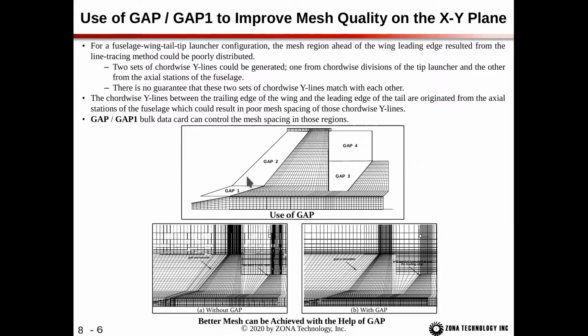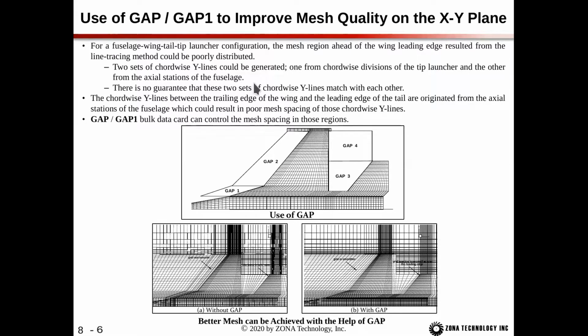So without these gap cards, you can see that we have these Y lines here on the body, which will be extended out in this direction by the line tracing method, and then we have these Y lines from the tip launcher, which will be extended out this way. Now there's no guarantee that these lines will match up. In fact, they'll probably miss one another, and so you'll get extra Y lines, and you'll have an uneven distribution of Y lines within this region.